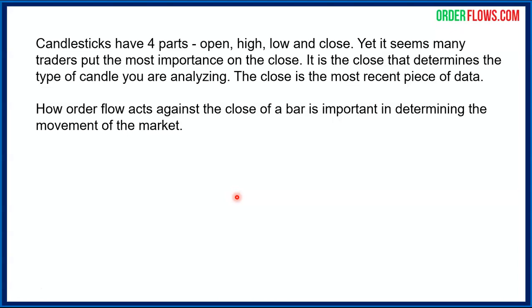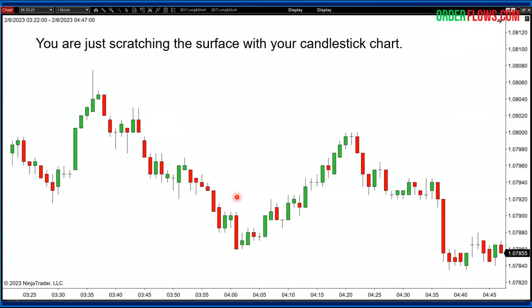All right, so people sometimes ask me what's more important, the open or the close of the market. Obviously, the close is going to be the most important. And when you get on a bar-by-bar basis, the close of the bar, in my opinion, is the last data point that's coming out of the bar. And when you're looking at a candlestick chart, right, in my opinion, you're just scratching the surface.